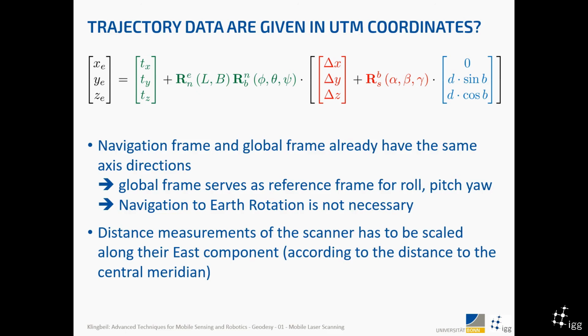So what happens if this now is given in UTM, right? And what we want, of course, is to have this in UTM. The good thing is that UTM and the navigation system don't have the same origin, because the origin of the UTM system was at the intersection of the central meridian of the UTM zone and the equator.